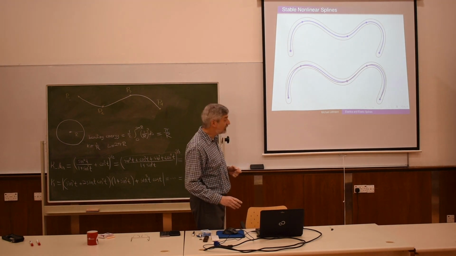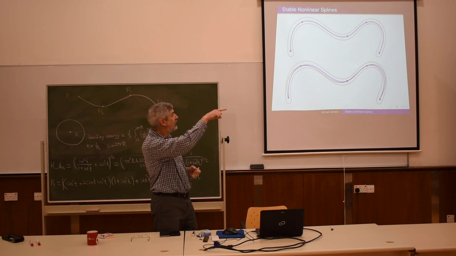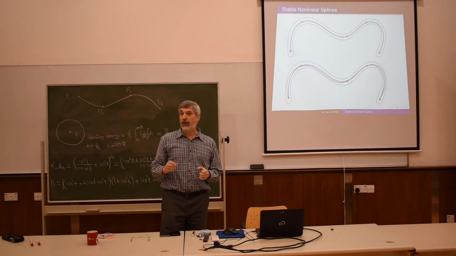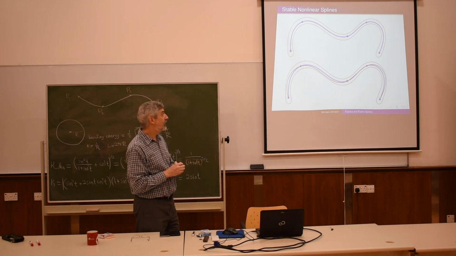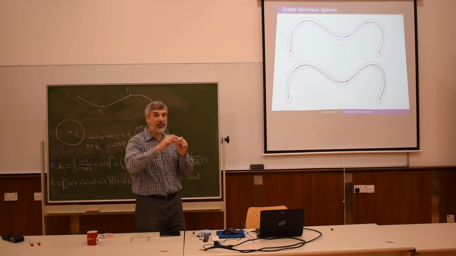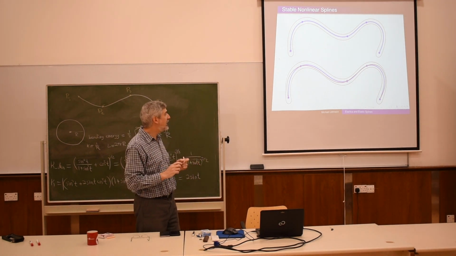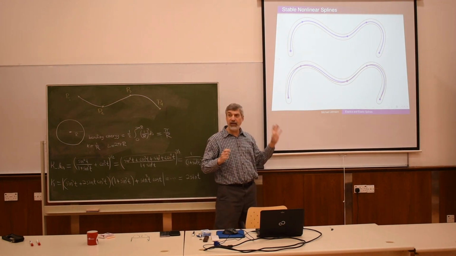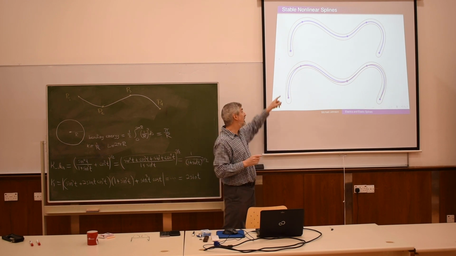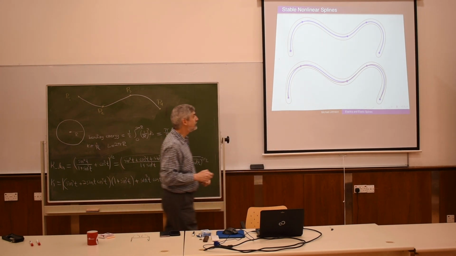So here's a little illustration of that. At the top, the curve there, that's say a draftsman spline, the curve taken by the draftsman spline. And then there's an envelope around that curve, and if you take any other interpolating curve, like this red one here, that stays in the envelope, then the bending energy of the red curve will be greater or equal to the bending energy of the purple one there.